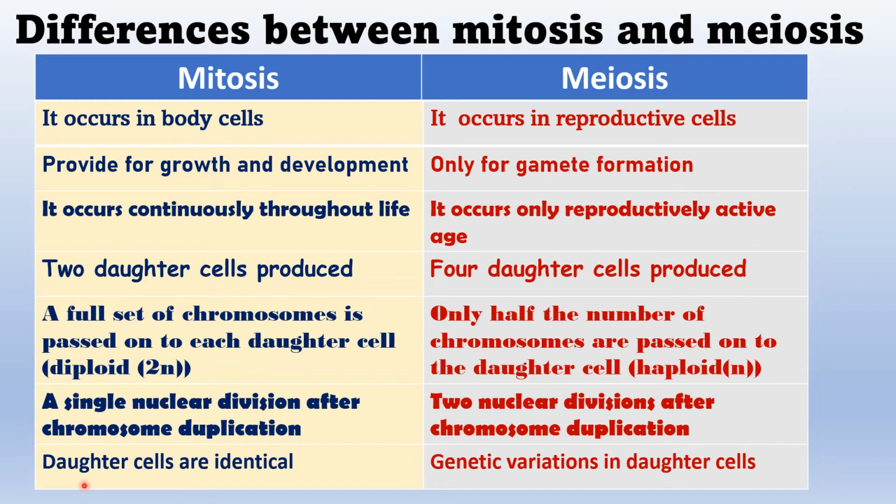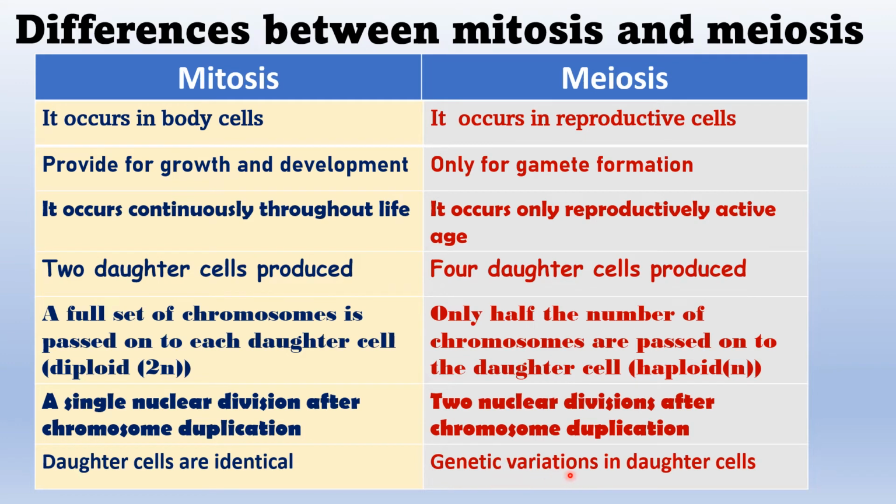The next point, daughter cells are identical. Both daughter cells formed after mitosis, these two daughter cells are identical, exact copy. But in the case of meiosis, daughter cells are having genetic variations.